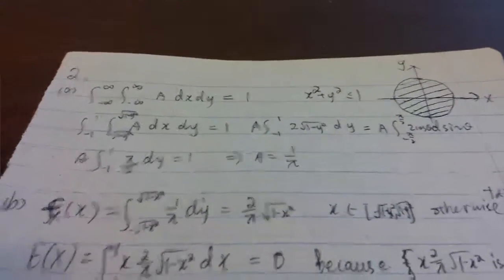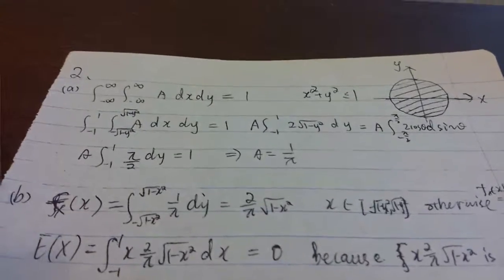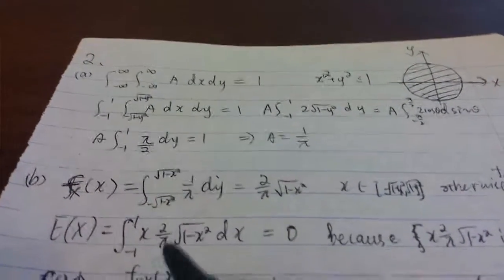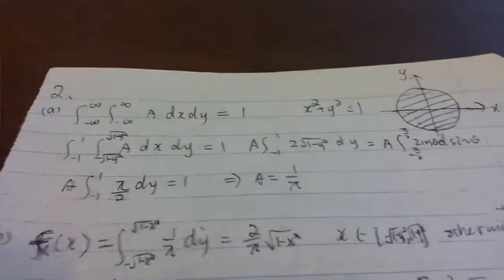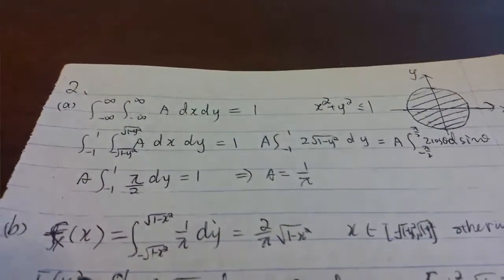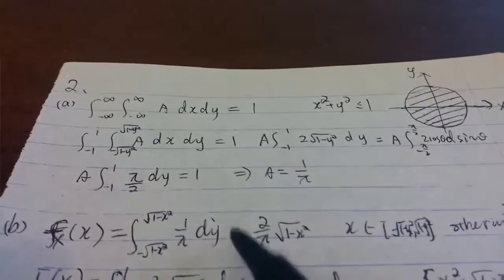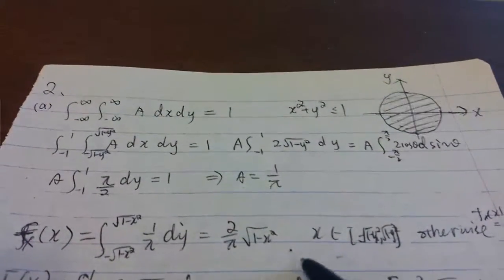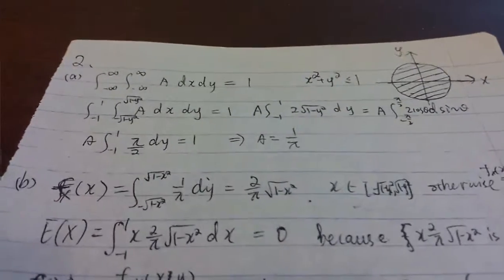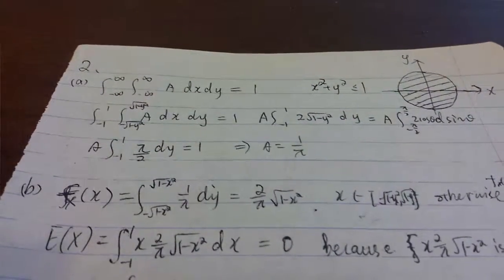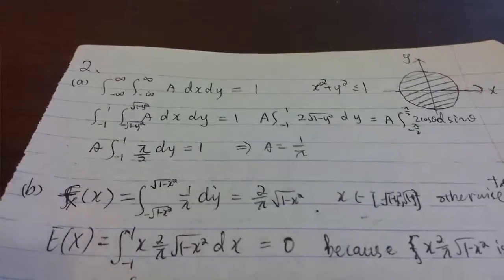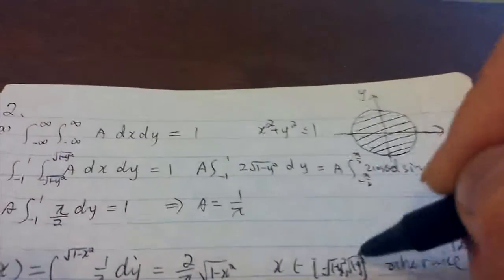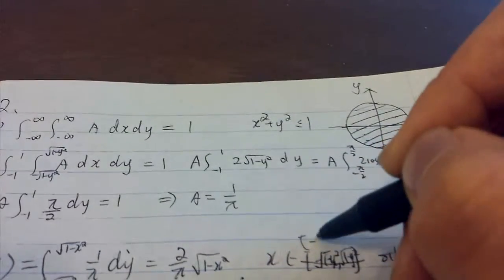And the second question is we need to find the expected value of x. First we use the formula, and we find the PDF of x, which equals this when x is in this domain, from -1 to 1.